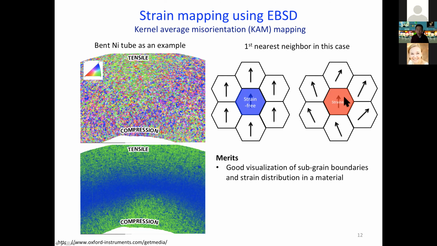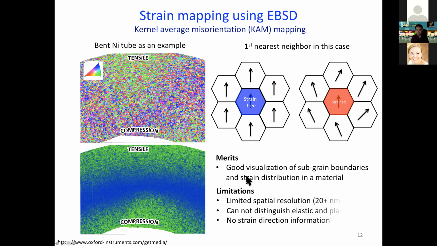There are merits of this technique. It gives you good visualization of subgrain boundaries as well as strain distribution in the material. However, there are some limitations as well. The first limitation is intrinsic, the spatial resolution limitation from EBSD. The second issue is it does not tell you whether it's elastic strain or plastic strain.